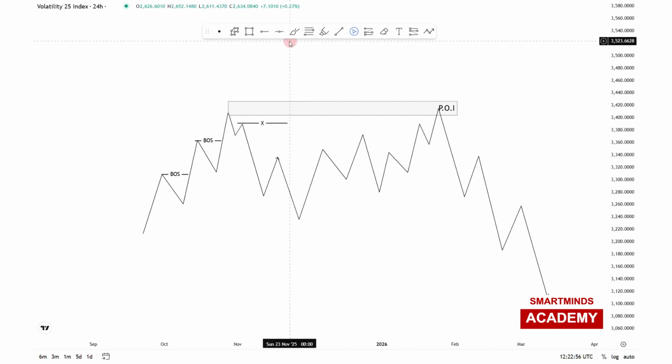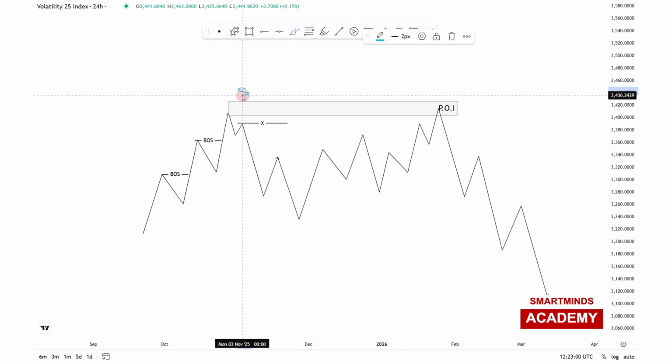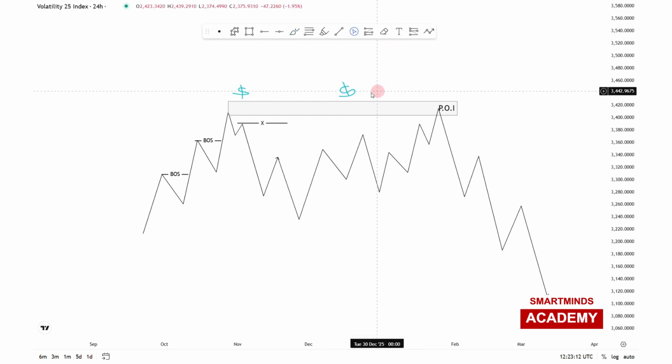But as you know, above each and every order block rests liquidity. We have money above each and every order block, or below each and every order block. So this is going to be your liquidity pool, and you know the price is always seeking liquidity. It's always trying to move towards a point where a lot of liquidity is resting.